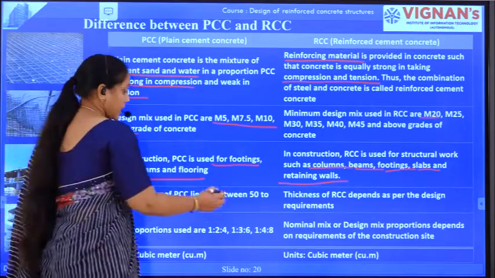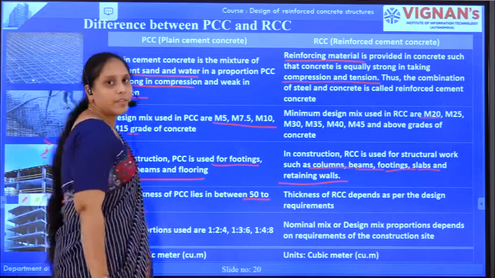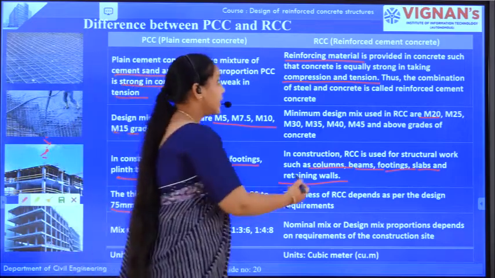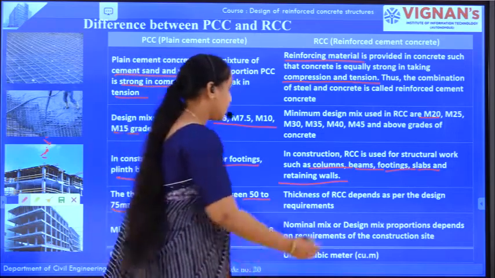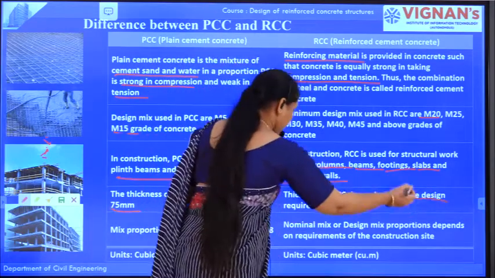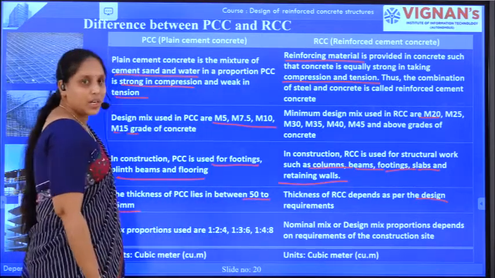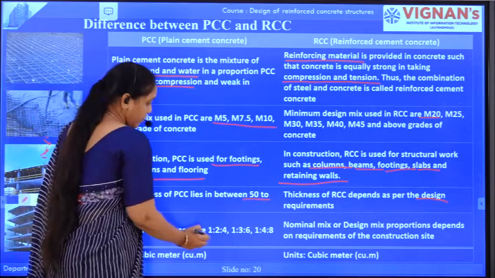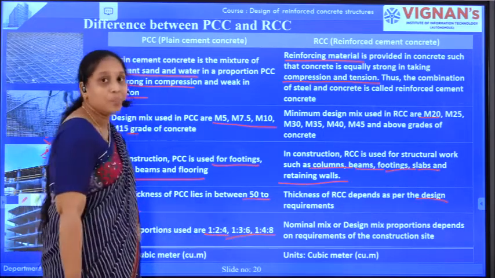Generally the thickness of PCC lies between 50 to 75 mm, but the thickness of RCC depends upon the design requirements. The mix proportions used for PCC are 1:2:4, 1:3:6 and 1:4:8.